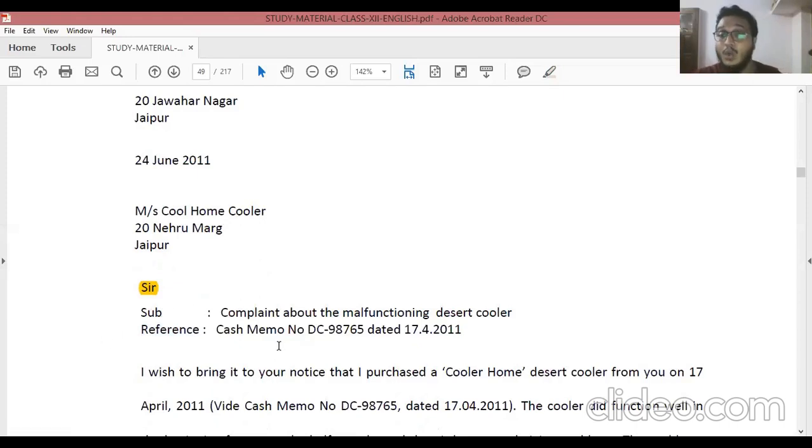Students, I told you, when you have purchased something, you have a bill. That is the reference, with the cash memo. The bill number is mentioned on the bill voucher you get, and the date on which you purchased. So the reference is with the bill number.